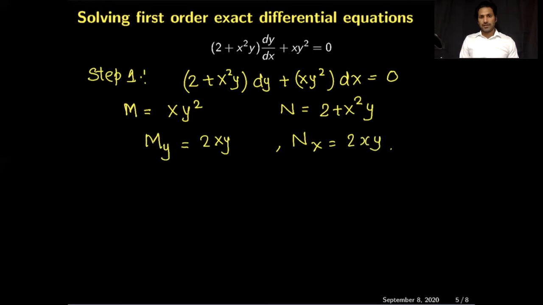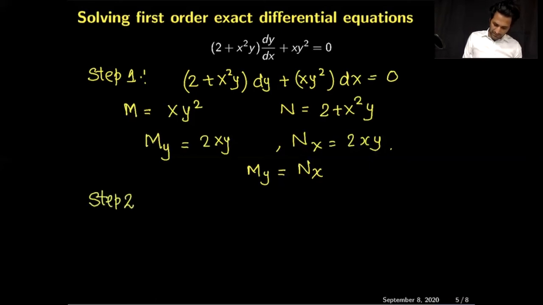This verifies the differential equation is exact because M_y is equal to N_x. In step number 2, we will write down the solution, or we will find the analytical solution to this ordinary first order exact differential equation.